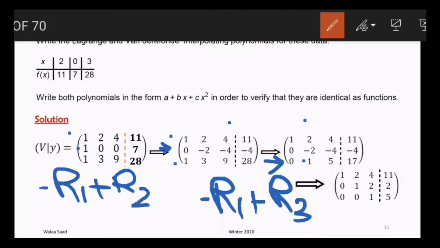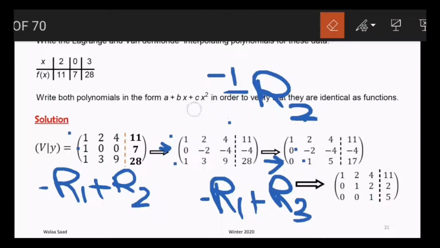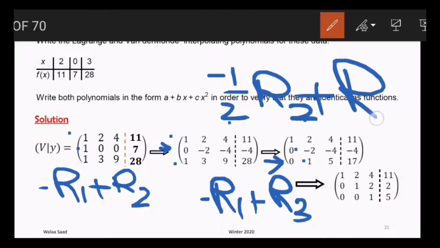Finally, in order to eliminate that 2 using the above -2, we multiply row 2 by -½, right? And then we will add it to row 3 and write the solution here like we see.